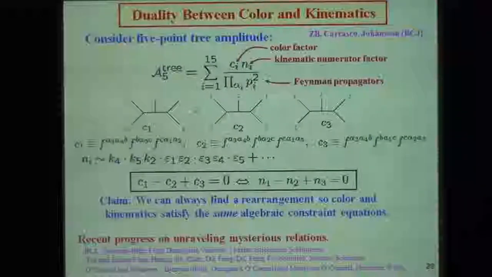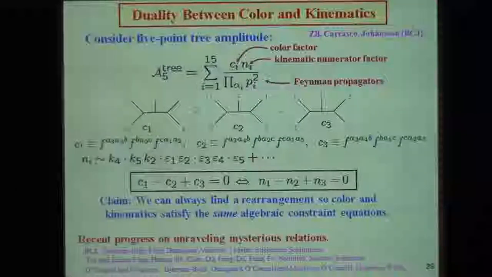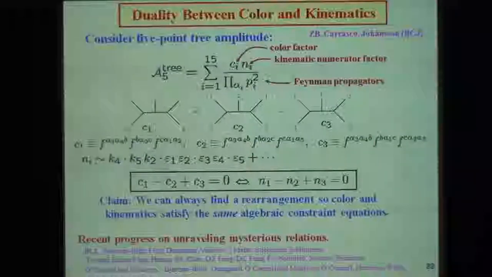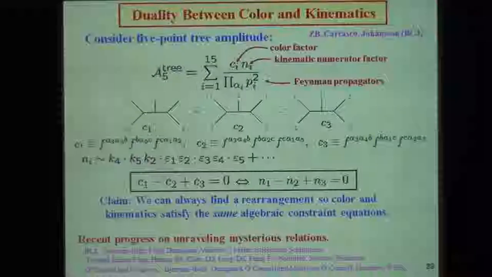That's pretty weird. Where'd that come from? In fact, this has been proven explicitly for arbitrary numbers of legs that you can always do this, or actually explicit formulas exist telling you exactly what these numerators are. And there's actually been some progress on unraveling this, which I'm not going to discuss here. And you see, that's pretty weird.